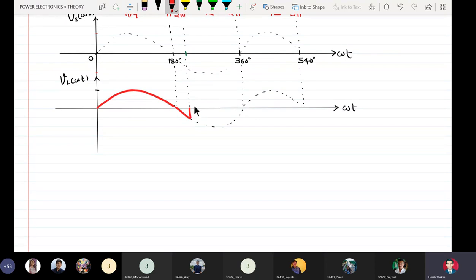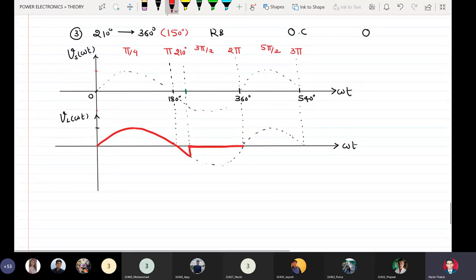At 210 it will become reverse bias. Again we have 360 here.